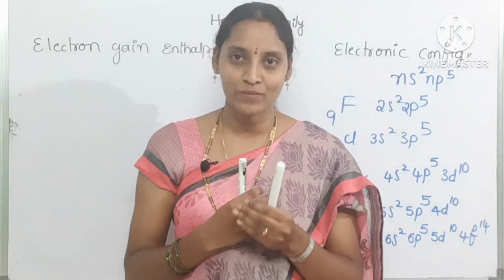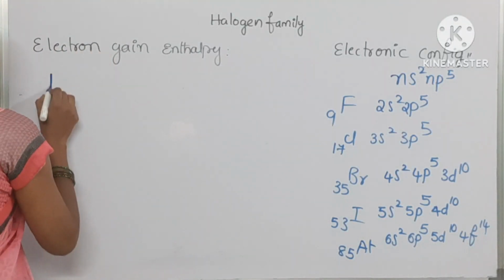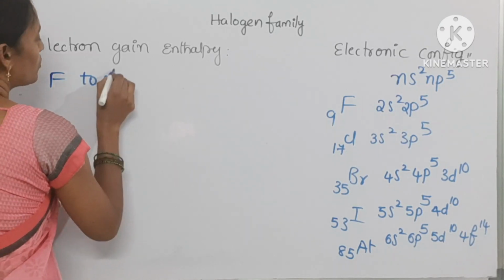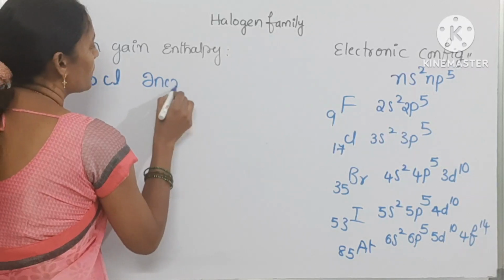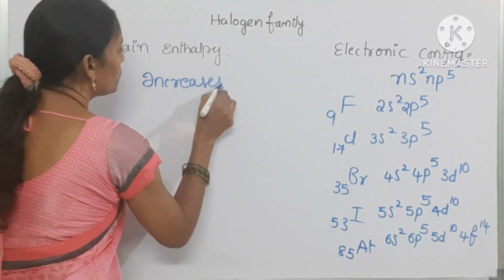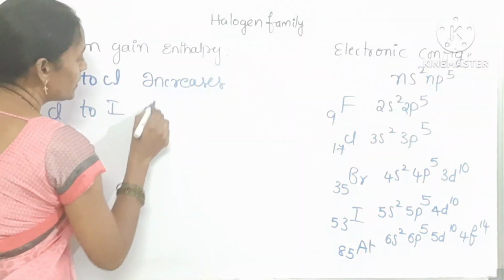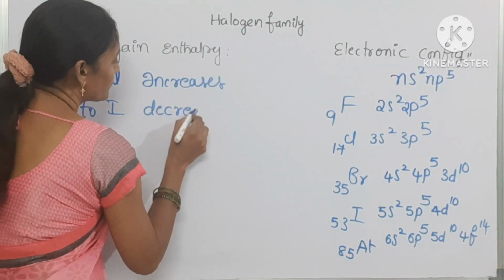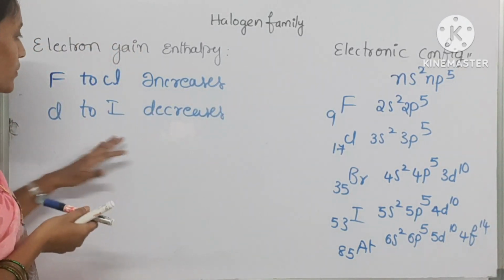Here it is a little bit different, because from fluorine to chlorine it increases, and from chlorine to iodine it decreases.